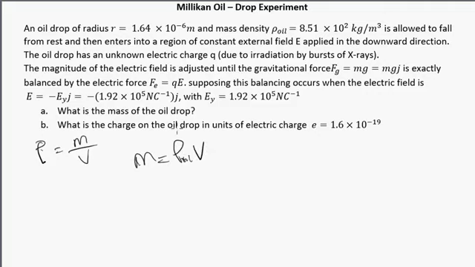So having this expression, we know that we can ascertain the density of the oil from the question, and then we can also get the volume because we know that it is spherical, so we can use 4/3 pi r cubed, which is the volume of the sphere, as V. Now this gets this question solved when we have m equal to V rho from the question.